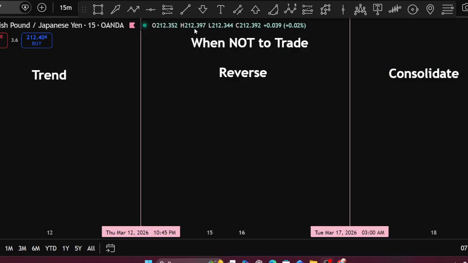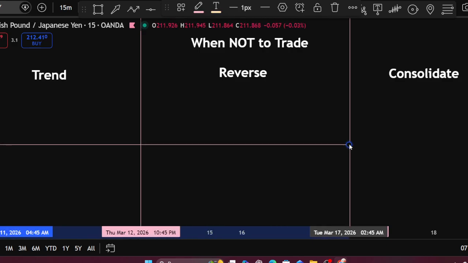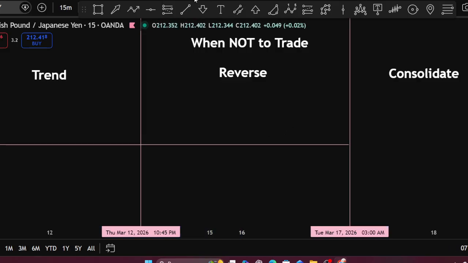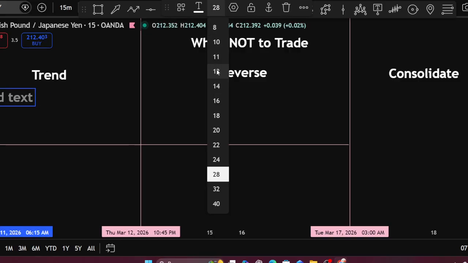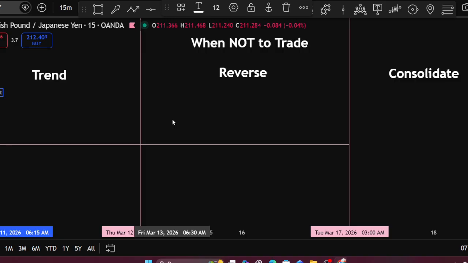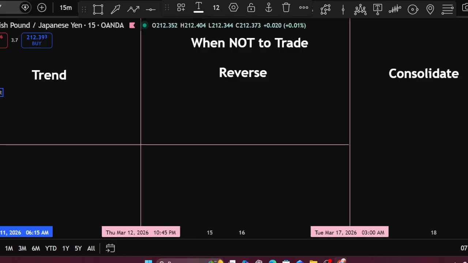Okay, so there are two different types of trend and two different types of reversals. So I'm going to add that line here. So this is for the uptrend, downtrend.